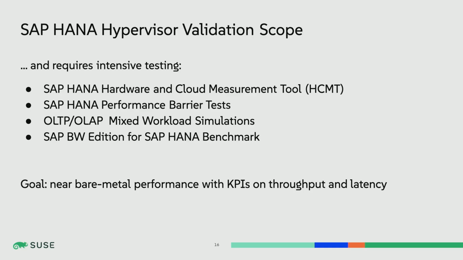That's the same for the other 2 tests. One is a set of mixed workloads simulating transactional and analytic, and the last is a benchmark running in the Business Warehouse Edition for SAP HANA. In all of them, we need to show that we stay inside that allowed performance gap.